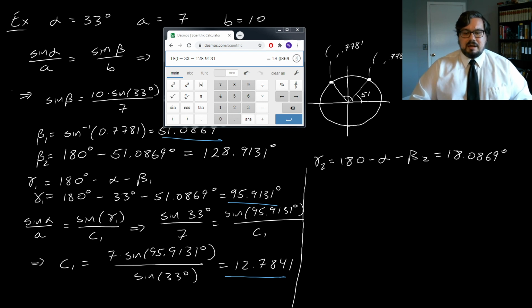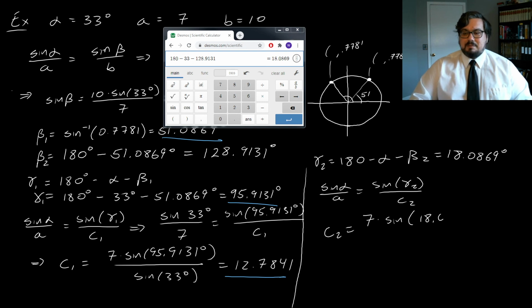And so we can get, again, that sine of alpha over A is sine of gamma 2 over C2. And so we can rearrange this and get that C2 is going to be equal to 7 times sine of 18.0869 degrees over sine of 33 degrees.